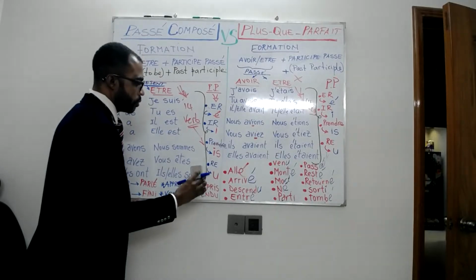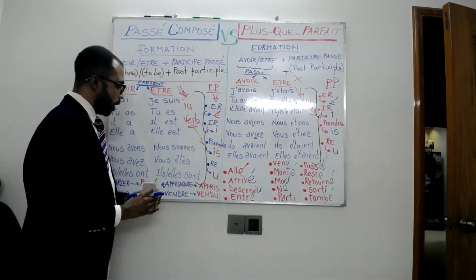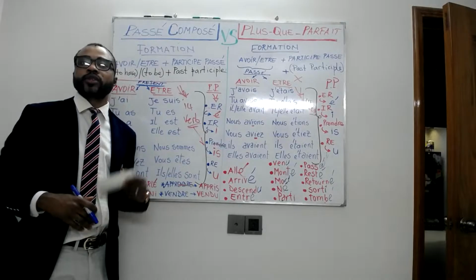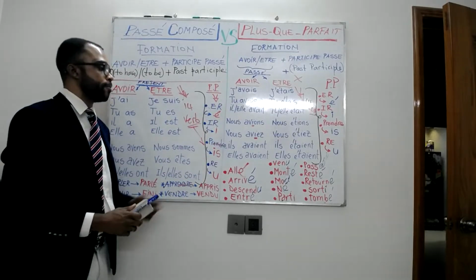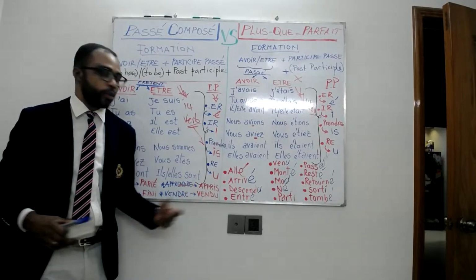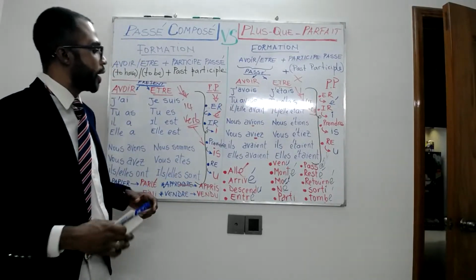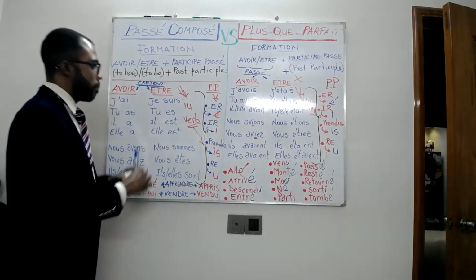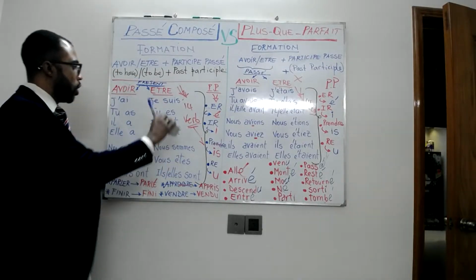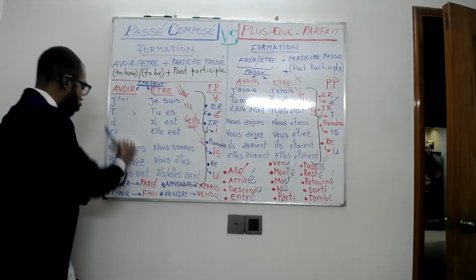So for example, so these are the 14 verbs. We have also some irregular verbs that will keep changing, but they do not follow the pattern of regular verbs. So for example, the OIR verbs, where can I write it? So I believe everybody understood, all right, with tu, j'ai, and all those things, all right?